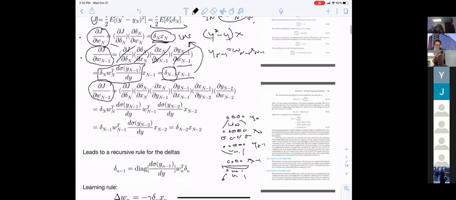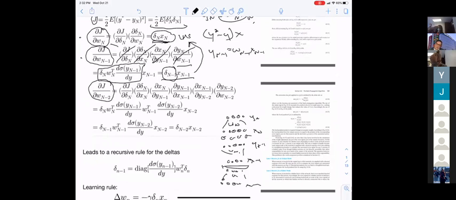Then I have here y n minus 1, x n minus 1, and w n minus 1. Still got some sigmas. And I go down one more, to x n minus 2. So the same thing, I'm just going down one more level. And again, I write the whole thing out.